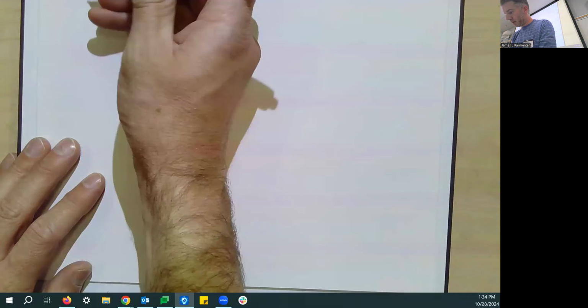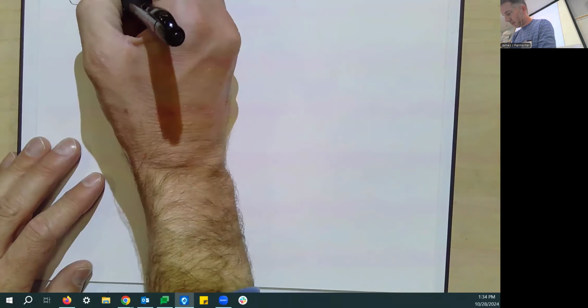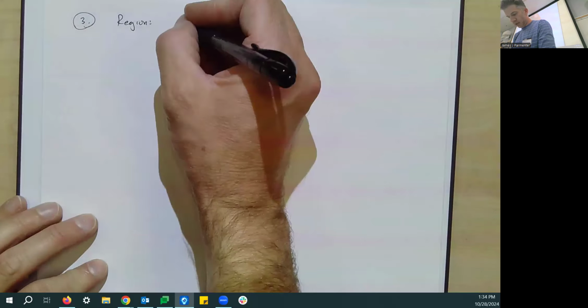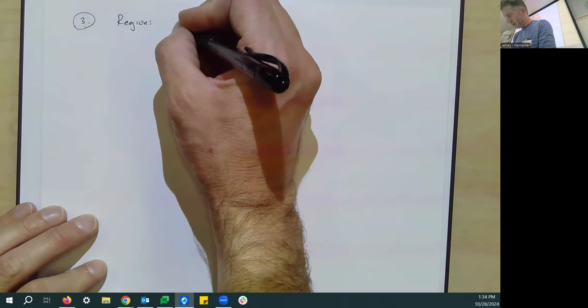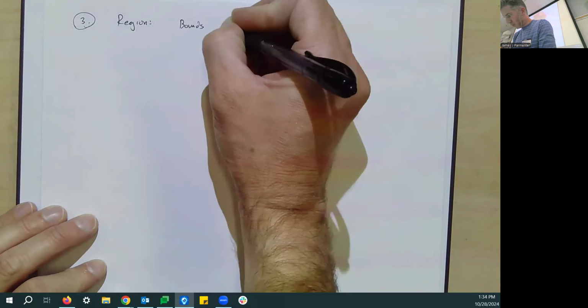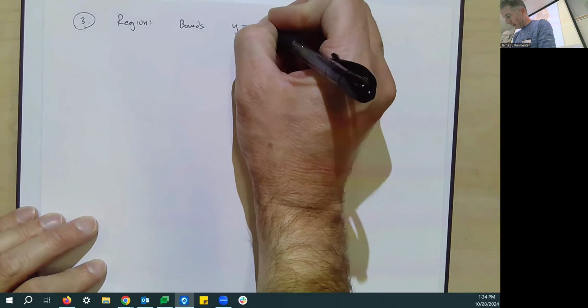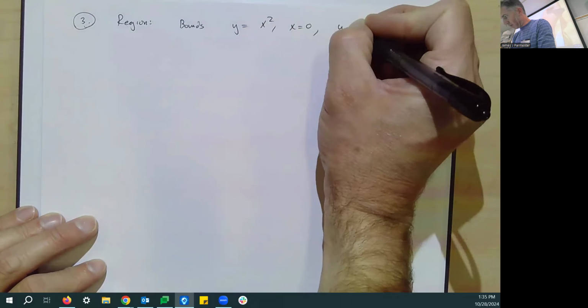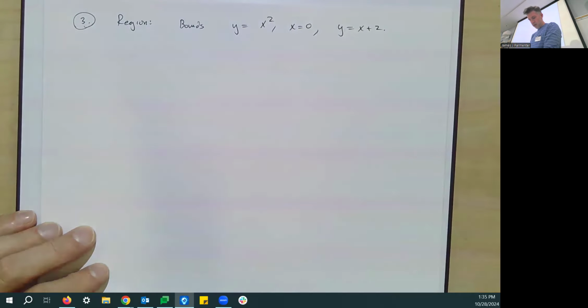All right. So let's say we have the following region. So our region is bounded by y equals x squared, x equals 0, and y equals x plus 2.